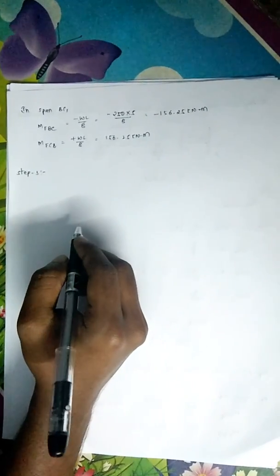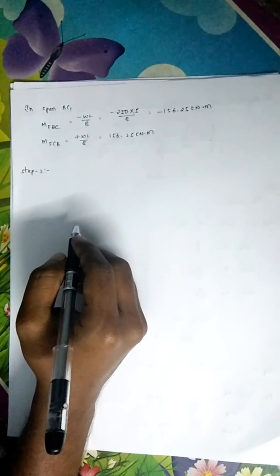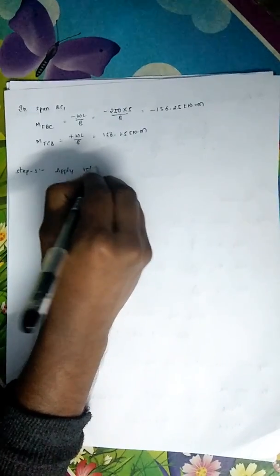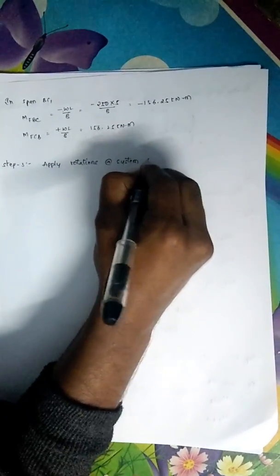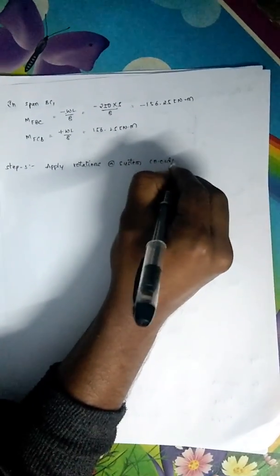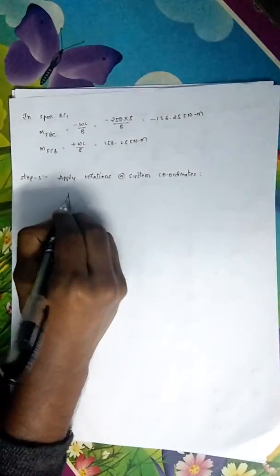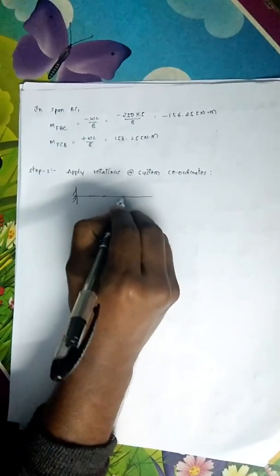In step 3, we have to apply rotations at the system supports or system coordinates. It will be like this.